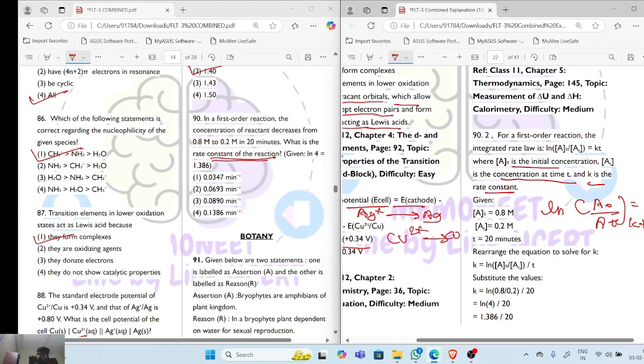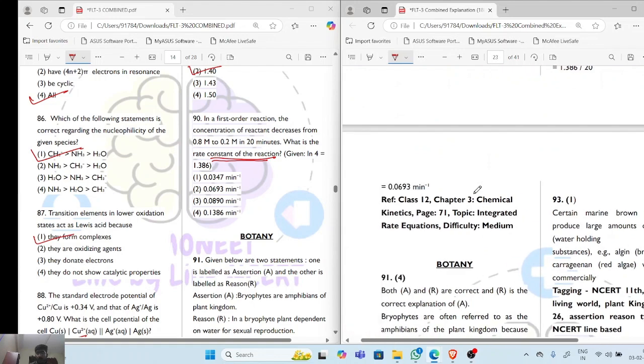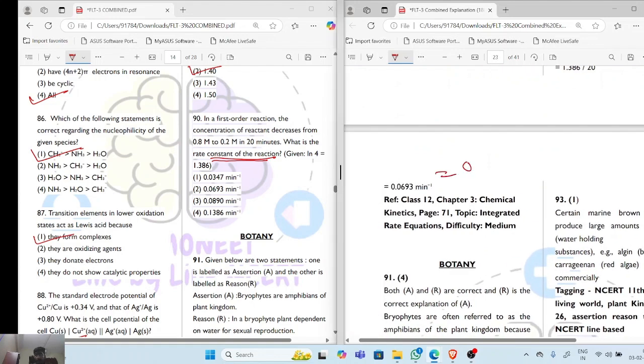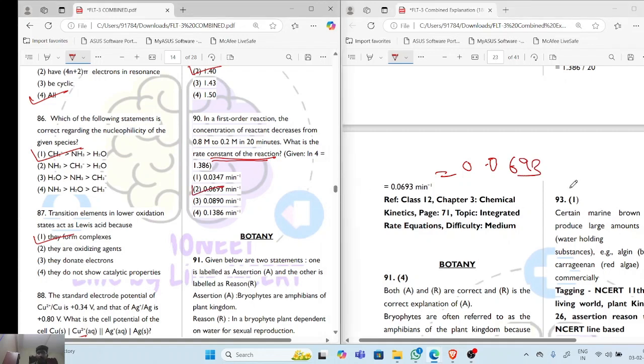The value of A naught is 0.8, the value of At is 0.2, and the time is 20 minutes. Rearranging, K equals ln of 0.8 by 0.2, divided by 20, which is ln 4 divided by 20. After solving we get 0.0693, so option number 2 is our correct answer.